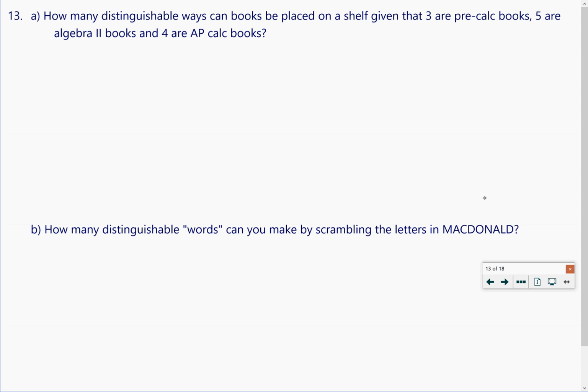First of all, how many books are there? There are 12 books. So let's say all 12 books were different. If all 12 books were different, how many ways could I order them on the shelf? 12 factorial. 12 times 11 times 10 times 9, etc.